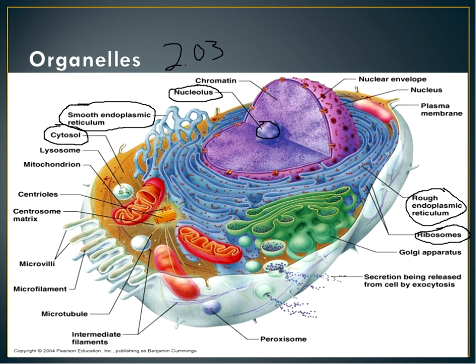Cytosol or cytoplasm, that's the same thing. That's just the space inside the cell. Lysosome is the stomach of the cell. Mitochondria is the organelle that's used for cellular respiration. It looks like a peanut. That's used to make energy during cellular respiration. We already went over the nucleus.